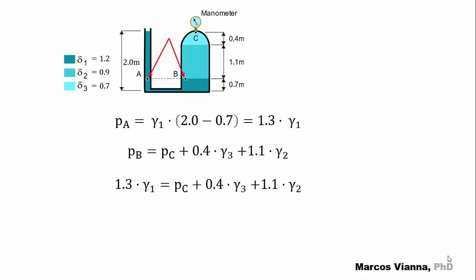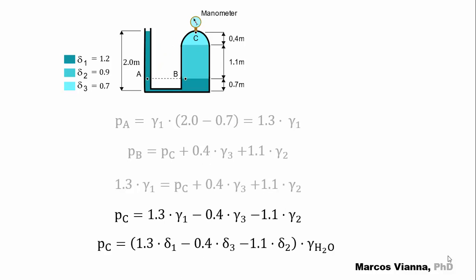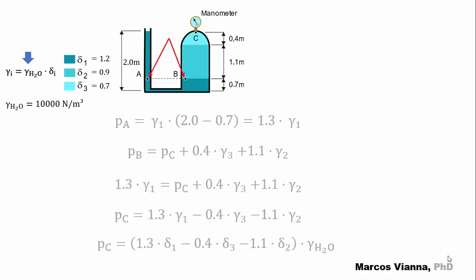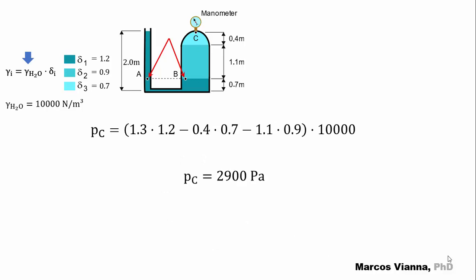But PA equals PB, so we can put together the expressions and find this result, or even better, this result. Knowing that gamma water equals 10,000 newtons per cubic meter, we substitute the values and find the pressure that we wanted, 2,900 pascals. Easy, very easy, isn't it?